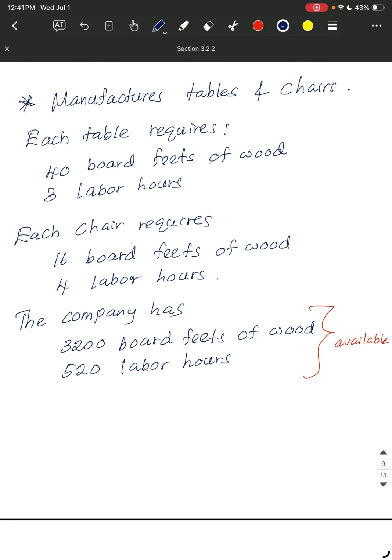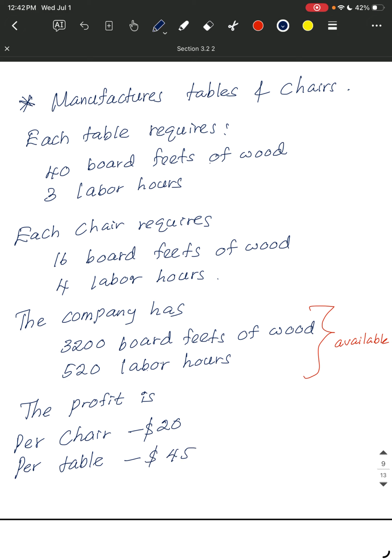Right? Then the profit is from chair, per chair $20, per table $45. Okay, those are the required information.